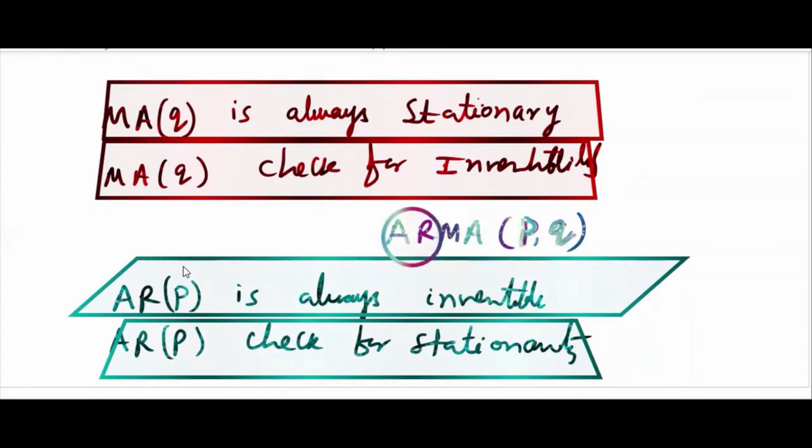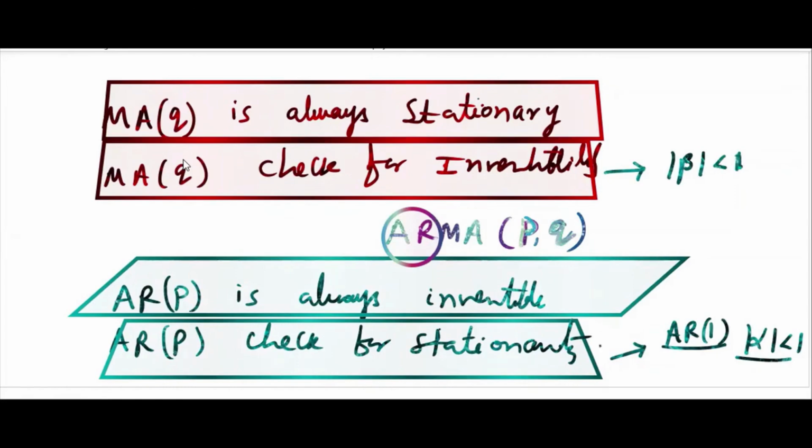We'll do some problems and we'll discuss more. But remember, whatever method we had to check for stationarity, in AR1, if you remember, the condition mod alpha less than 1 was there. The same kind of condition will come here in MAQ. So when you check for invertibility, mod beta or beta 1 should be less than 1.